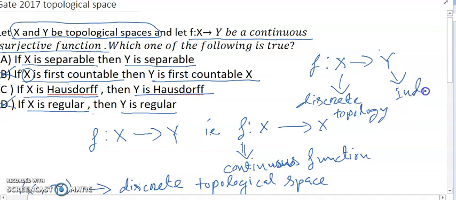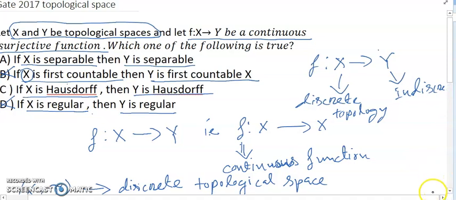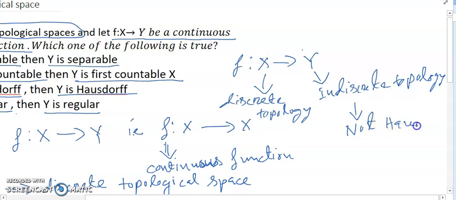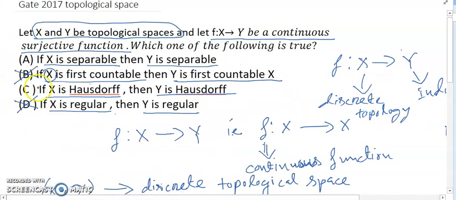This kind of map is possible, an onto map. And indiscrete topology is not Hausdorff. So option C is not correct.